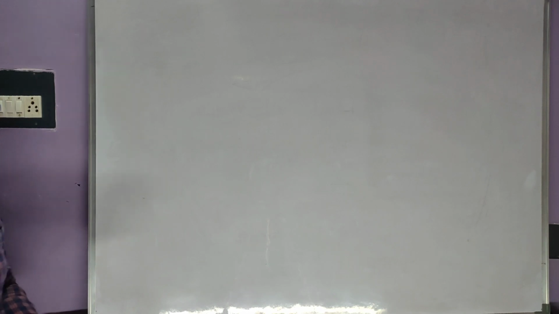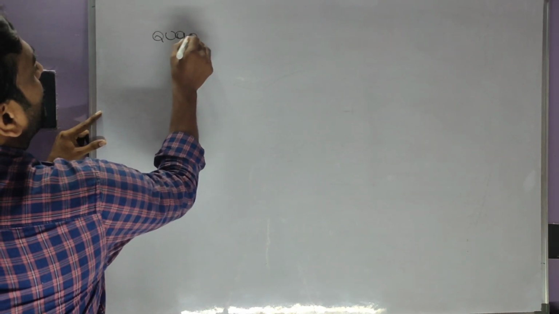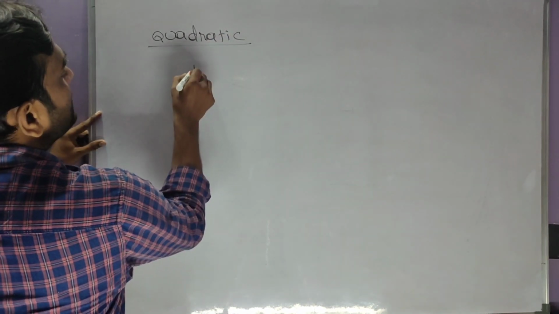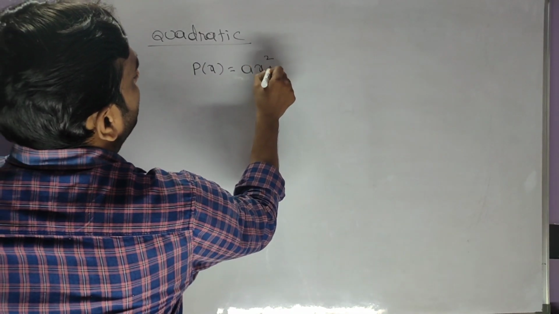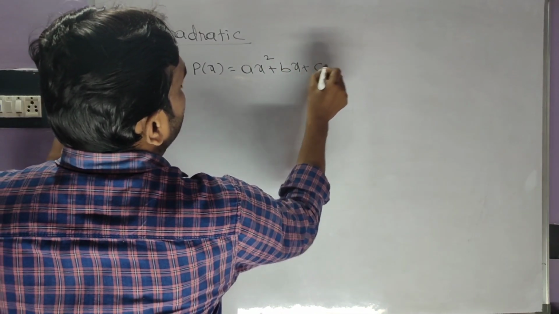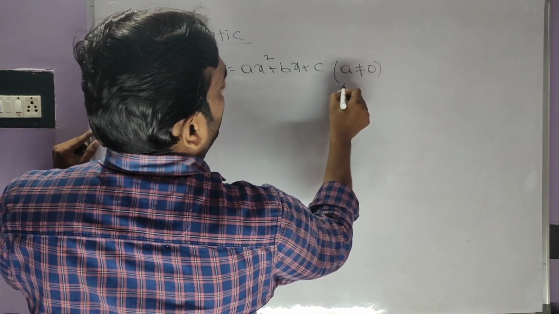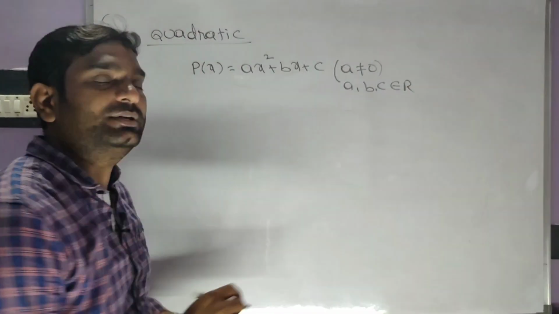That is, p(x) = ax² + bx + c, where a ≠ 0, and a, b, c are real numbers.